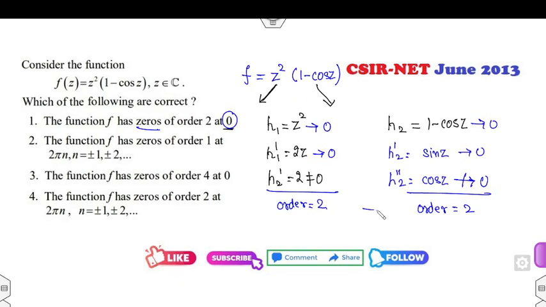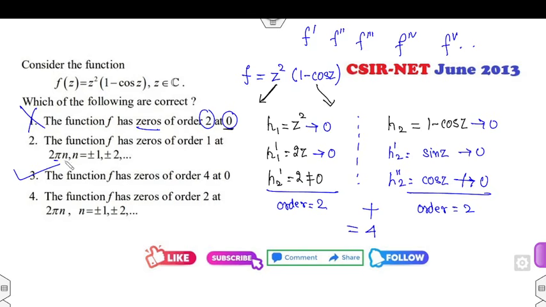Since it is a product, the total order is 4. But he said order 2, cancel. Order 4, right. Otherwise, you can also think about f dash, f double dash, f triple dash, f4 dash, f5, and that will take a very lengthy calculation. So that's why I've taken them as two separate functions.